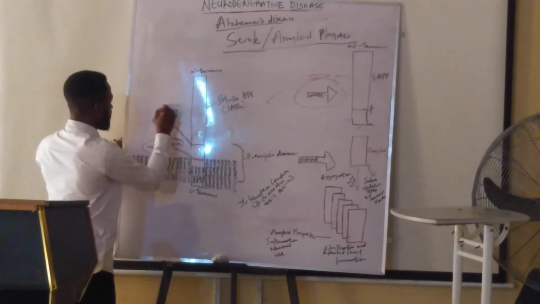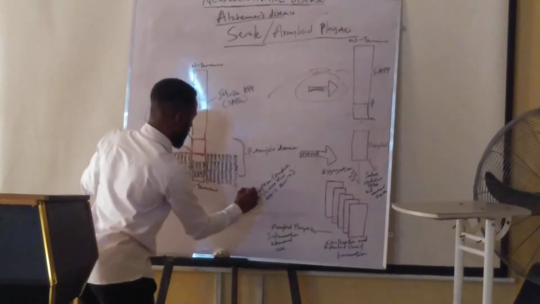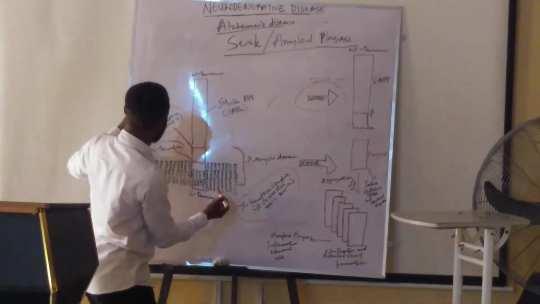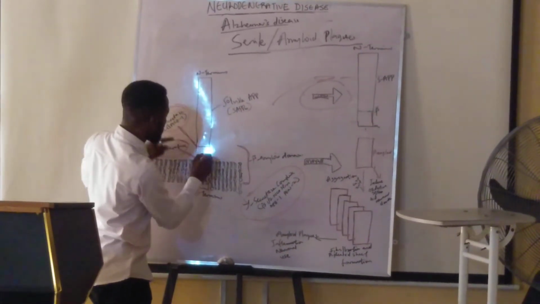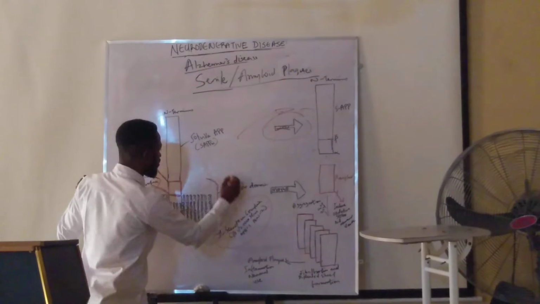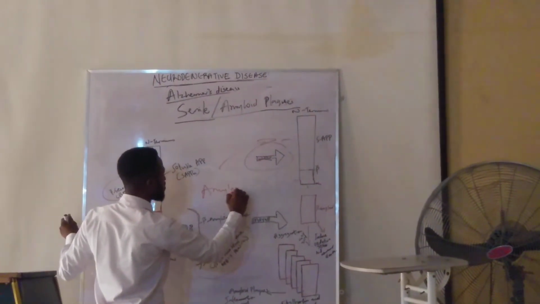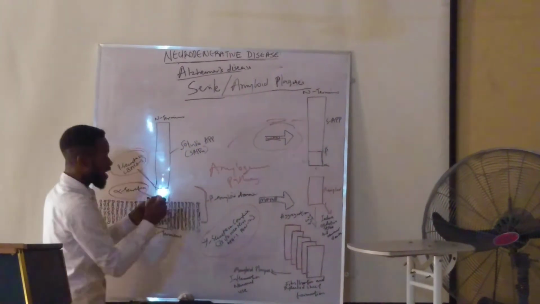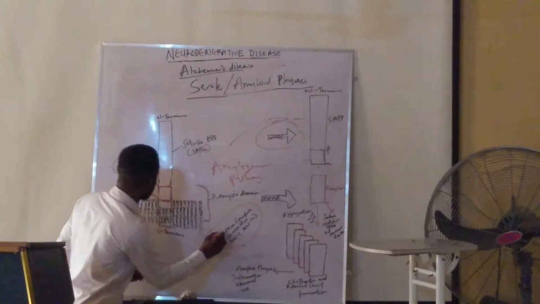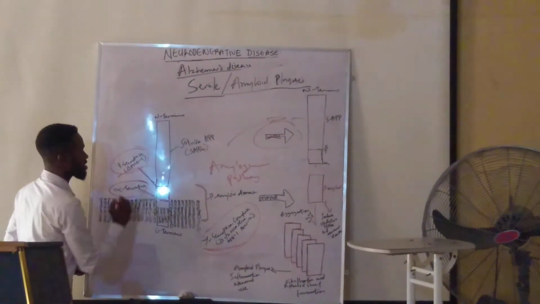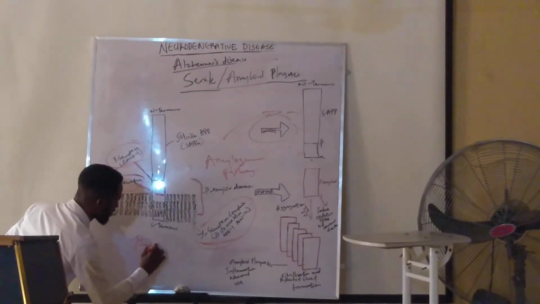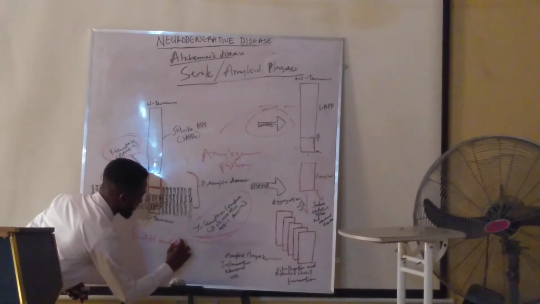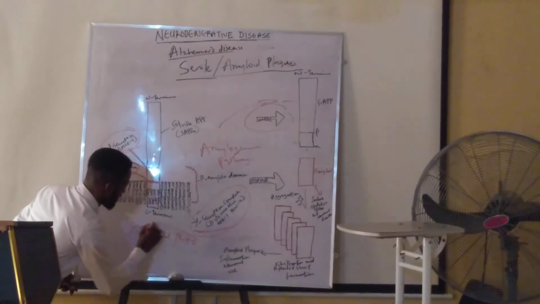Moreover, with the aid of beta secretase and gamma secretase, the beta amyloid is cleaved directly in the amyloidogenic pathway, with the help of gamma secretase and beta secretase, to form beta 41 and beta 40.